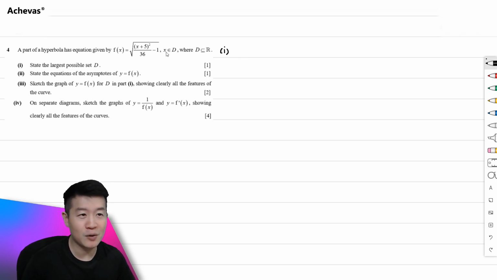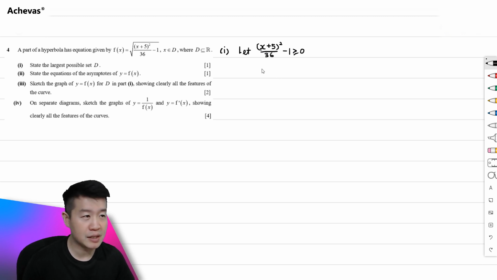But I guess it works also because for the domain to be the largest possible, I just need to make sure that whatever that is inside the square root is going to be bigger or equal to 0. Then it is possible for us to get a real number, correct? So for part 1, let's try to find what is the possible range of x if I were to let whatever is inside the square root, this over 36 minus 1, be bigger or equal to 0.